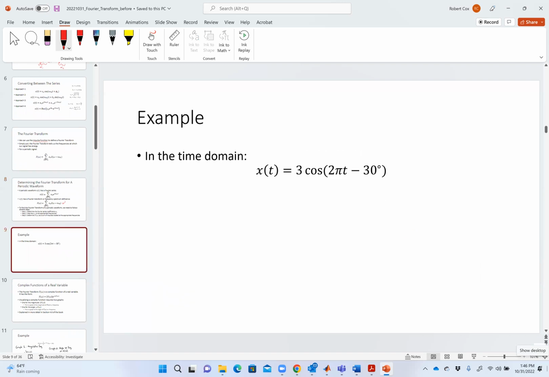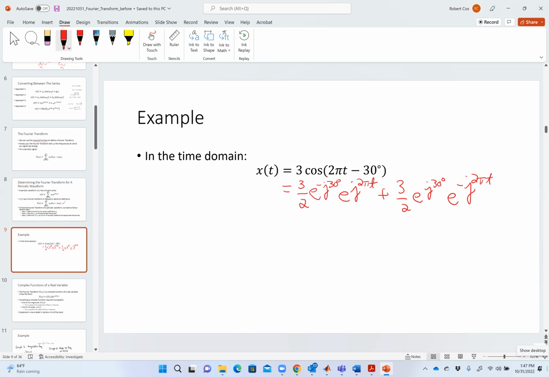So let's go back to this particular thing. Let's see if we can make sense of this. What I have here is this guy. And you guys just told me that this becomes, as a Fourier series, 3 halves e to the negative j 30 degrees e to the j 2 pi t plus 3 halves e to the j 30 degrees e to the negative j 2 pi t, like that. Okay.